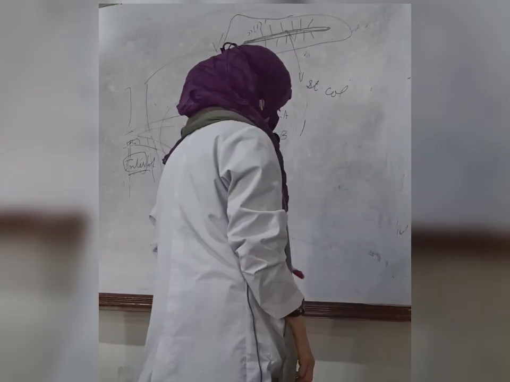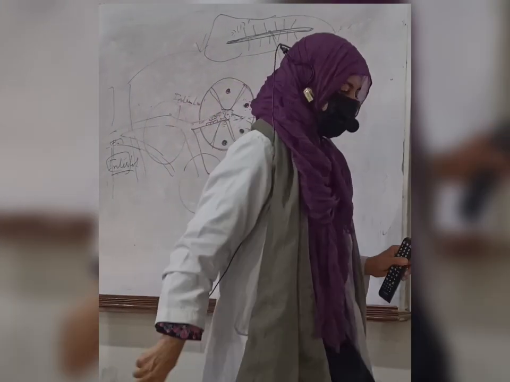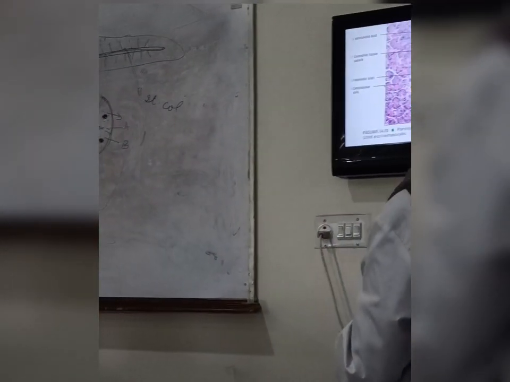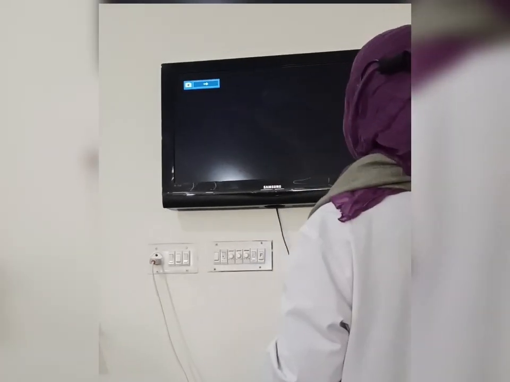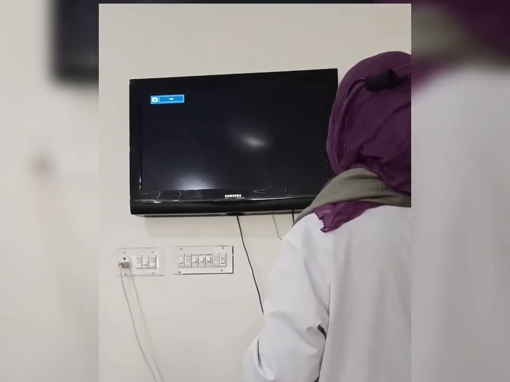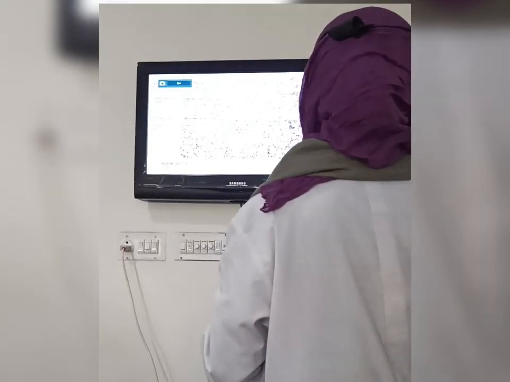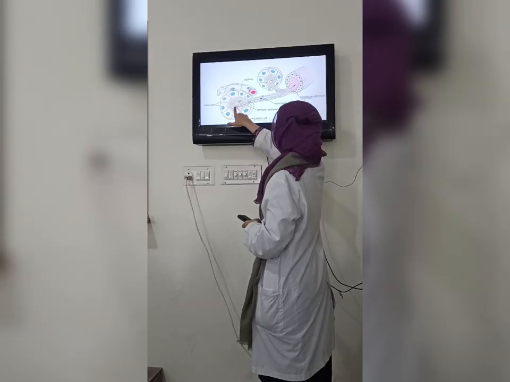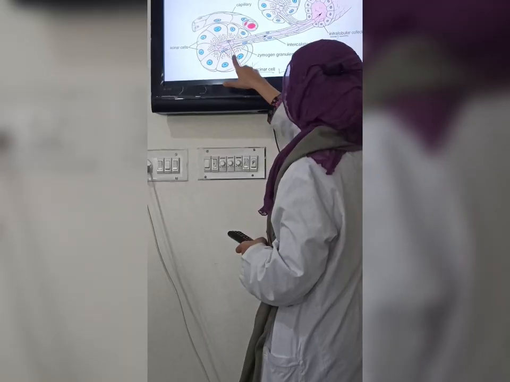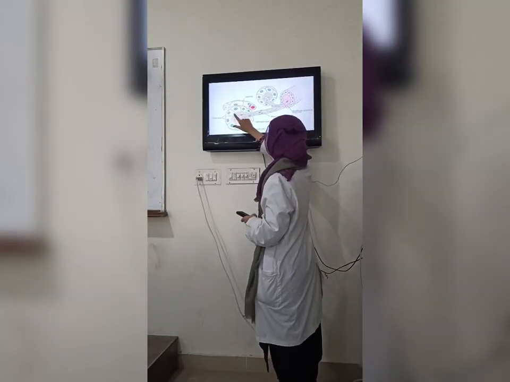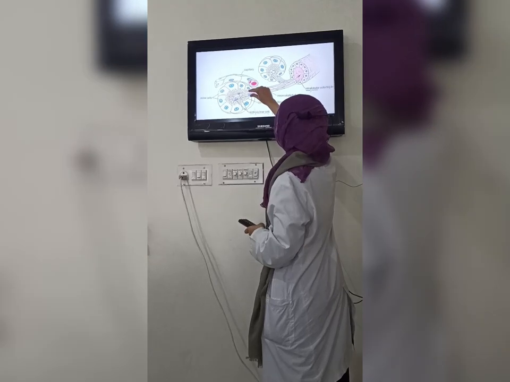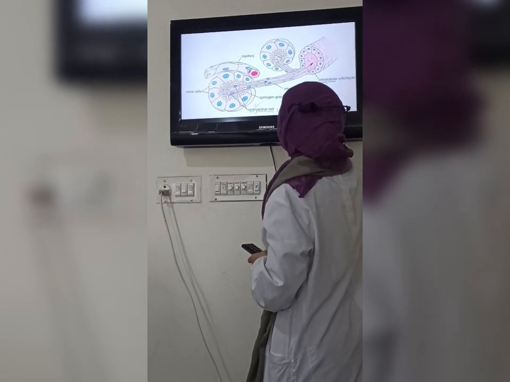Okay. So let's see some concern diagram now again. You see the centroacinar pale staining cells in the very center, and it is giving rise finally to the intercalated duct, right?